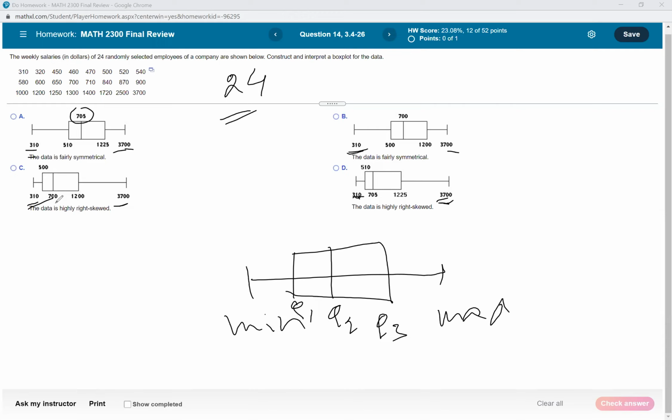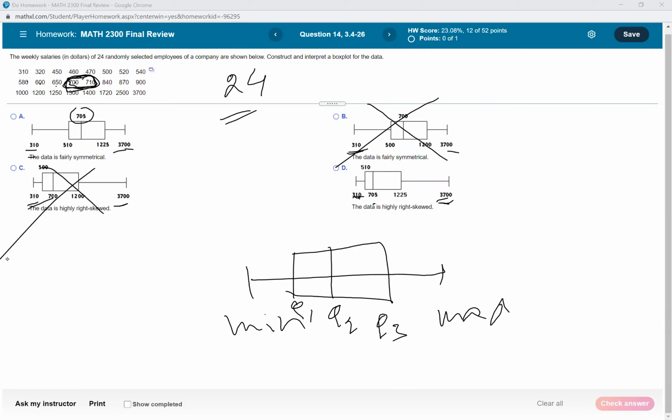We have a total of 24 observations, so the median will be the average of the 12th and 13th values. We have two values in the middle. So the average of 700 and 710 is 705, right? So our median will be 705. So we have 705 here and 705 here, so we can eliminate this one and this one.